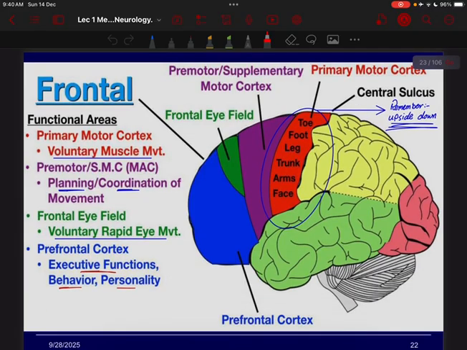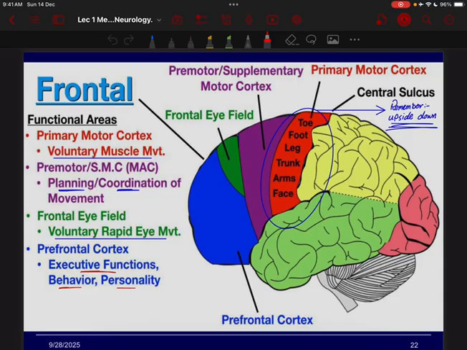The frontal lobe, as we said, has the primary motor cortex, and many motor cells give motor action. But the body is represented upside down: the legs are up, the head is down. And this is the premotor area, the planning area, and the supplementary area.